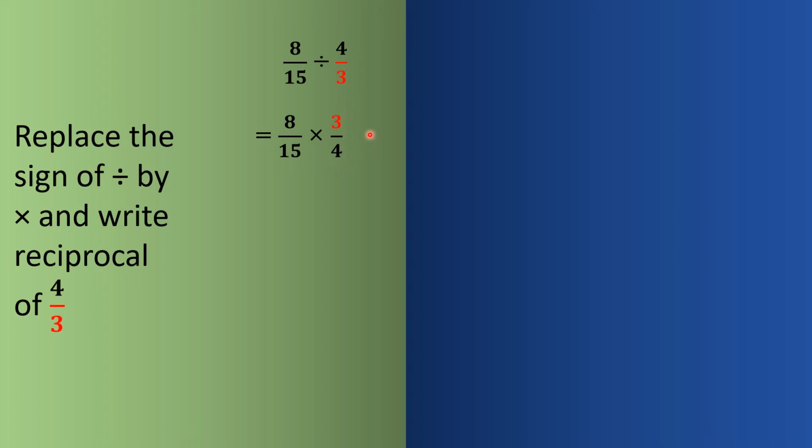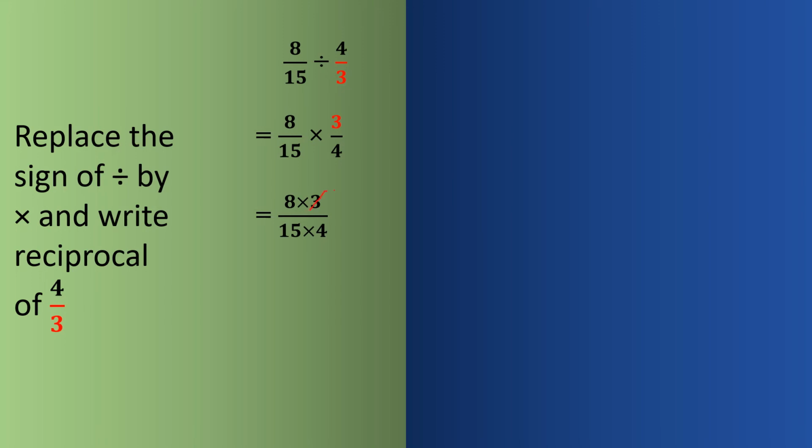Now it is a simple question of multiplication. Just find the product of numerators and the product of denominators. It means 8 multiply 3 by 15 multiply 4. We can simplify at this stage also. And how? It is very simple. We know that 3 and 15, the common factor is 3.